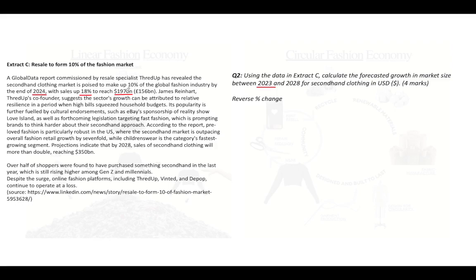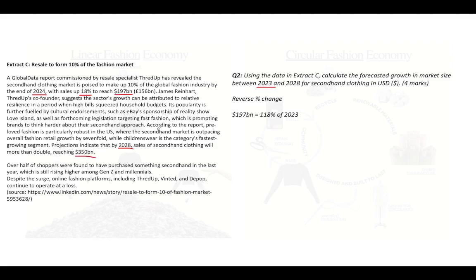So we need to divide that by 118, times it by 100 to get that. Easy maths. Then we need to look for the case study, because they always make you work for one set of information and they give you something else. And we've got the 2028 figures given down here, so we can calculate the answer.